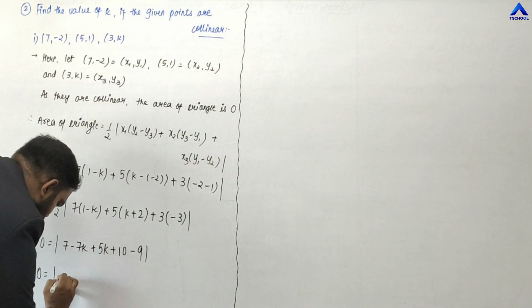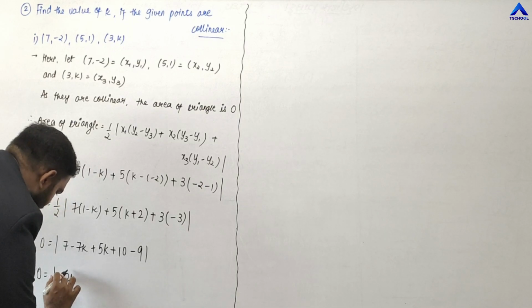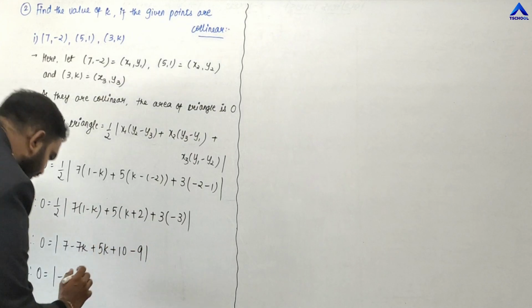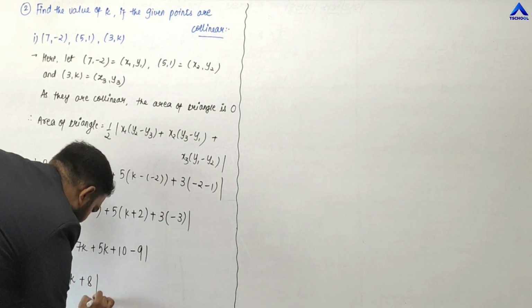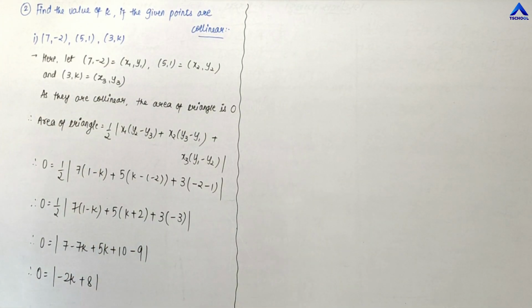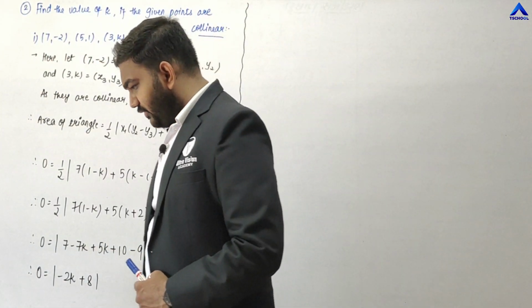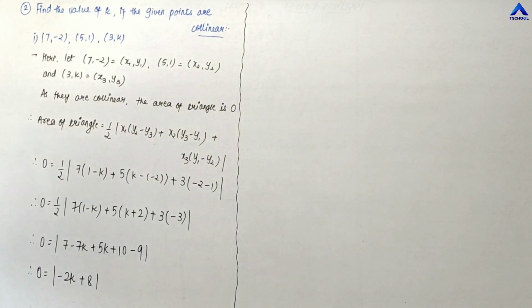Therefore 0 equals to modulus minus 2k, 7 plus 10, 17, 17 minus 9, that is 8. Yes or no? So that will become plus 8. Now you can see here that this minus 2k plus 8 is in modulus. Yes or no? Now we don't know whether the value of minus 2k plus 8 is positive or negative.